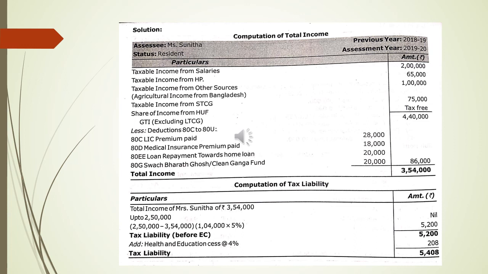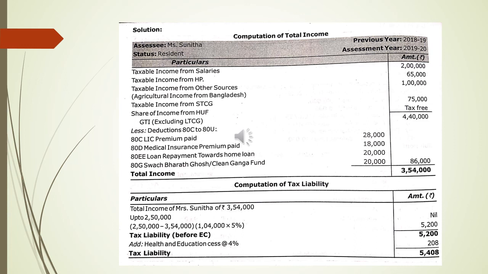Look at the tax liability calculation. Out of this 3,54,000, up to rupees 2,50,000 there is no tax. If you subtract 2,50,000 from 3,54,000, the difference is 1,04,000. On this, 5% becomes tax liability, which is 5,200.